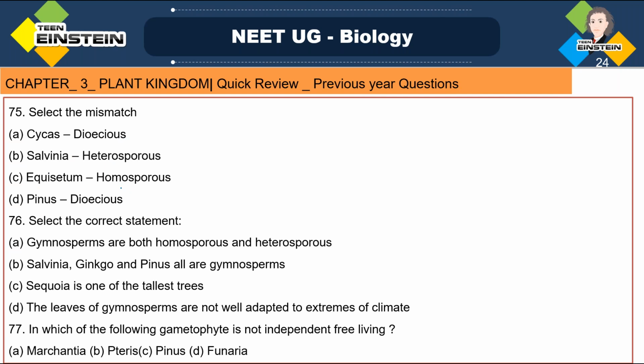So those are the options they have given. How can you find out the mismatch from this? Here, Pinus, dioecious they have given. That is the mismatch. Okay. So here Pinus is a monoecious plant, which has both male and female cones on the same plant. Pinus is monoecious, having male and female cones on the same plant.